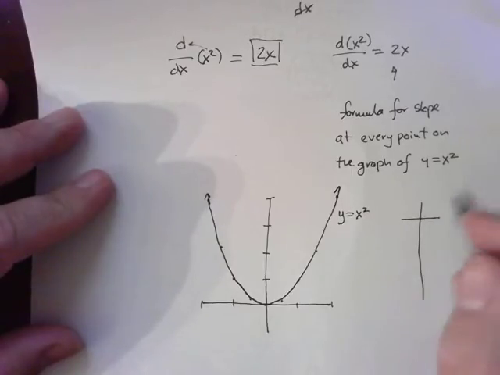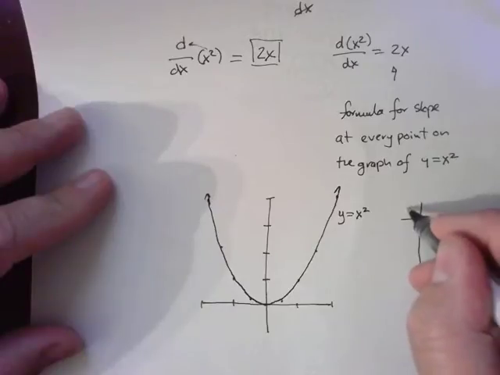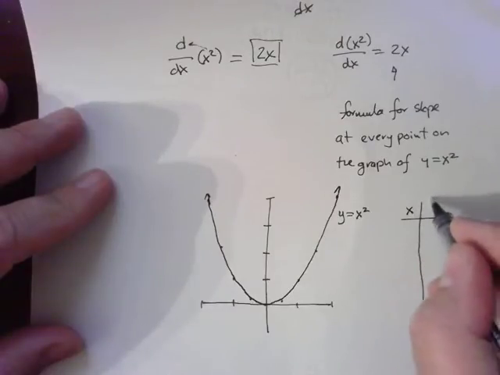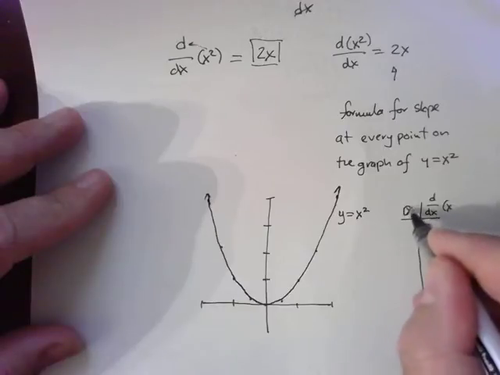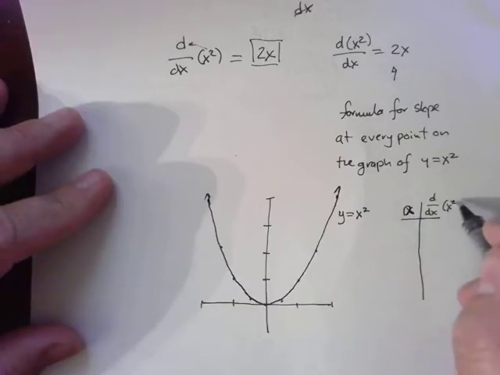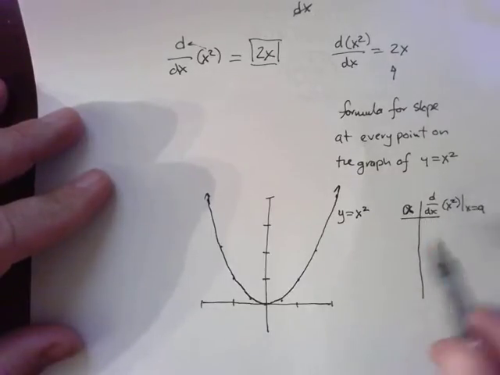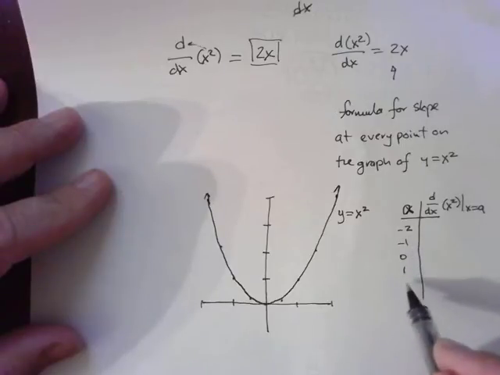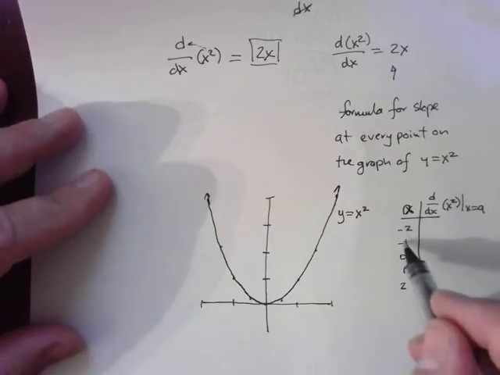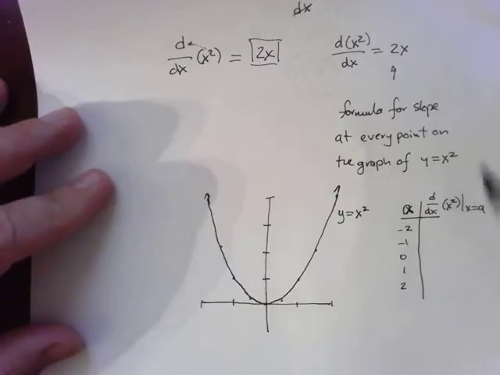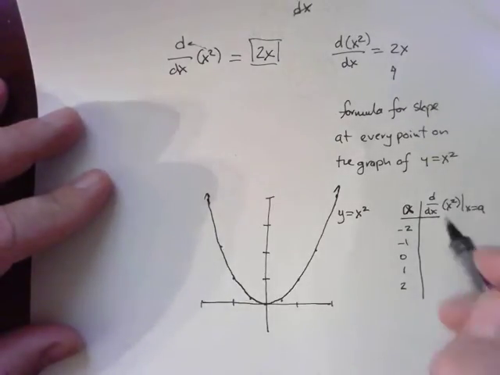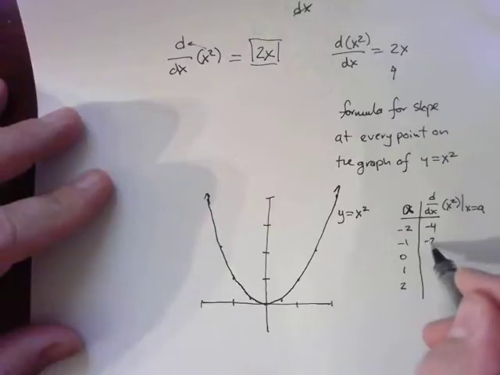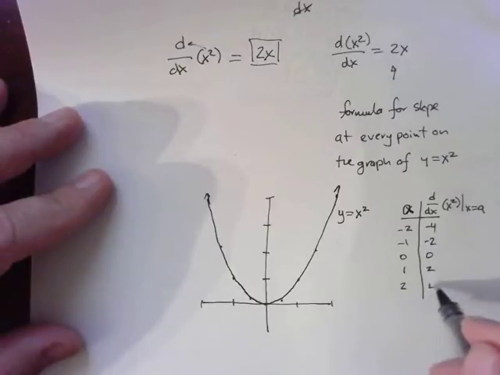So if I choose values of x, let's let a here, I don't want to confuse notation. If I choose different values for x, negative 2, negative 1, 0, 1, 2, and plug them into here, I'll get negative 4, negative 2, 0, 2, 4.